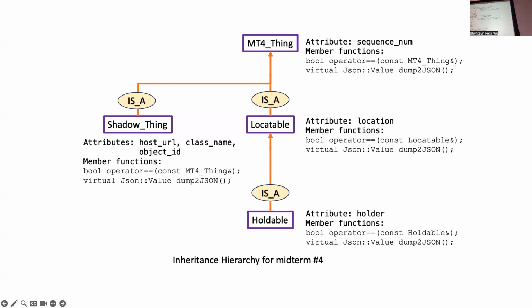What is the difference between the function signature, which affects the transparency to the programmer regarding the function itself? And then we talk about this kind of shadow object, which essentially allows you to establish and build that out. Okay, so that is what we would like to cover in midterm number 4.